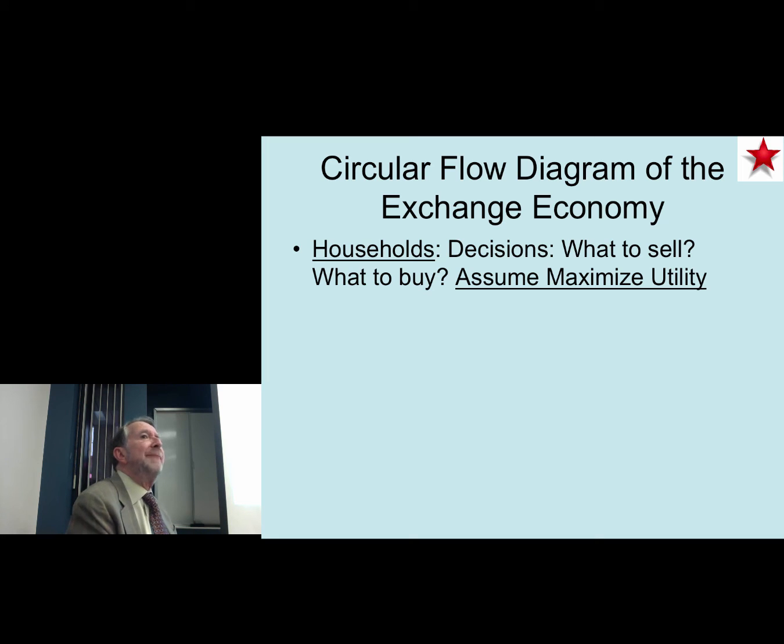We make assumptions about our two economic agents. We assume households are trying to maximize what we call utility, which is simply long-run personal satisfaction. In what job you take, in when you spend money, what you spend it on, all of those are assumed to be made trying to maximize personal satisfaction over time.